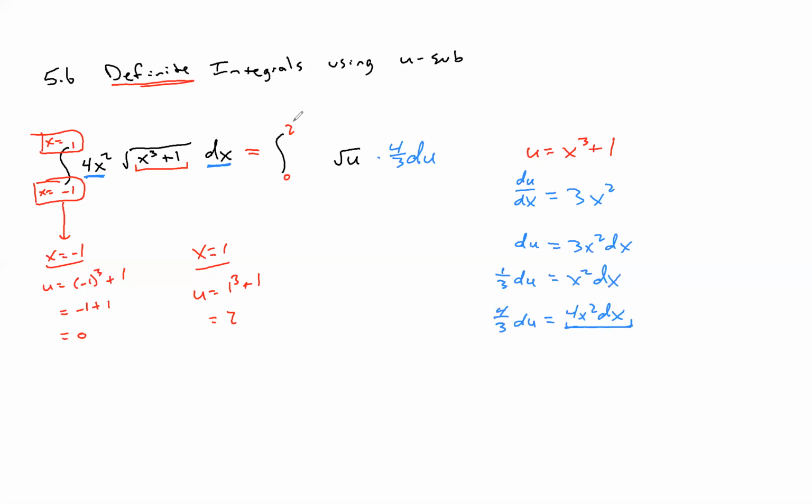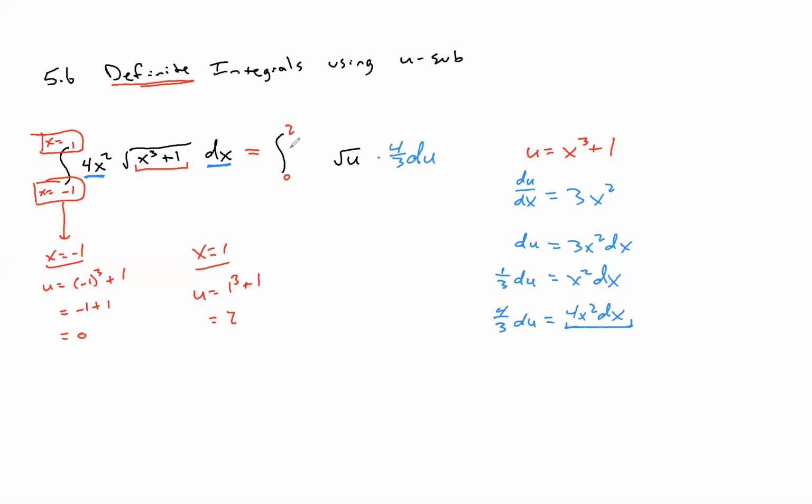All right, so this is how we're going to handle these definite integrals using substitution. Whenever we make the substitution, u equals x cubed plus 1, and it's a definite integral, we have to make sure we adjust the bounds on the integral as well. Okay, these bounds were x values, but if we're doing a u integral, we need u values.